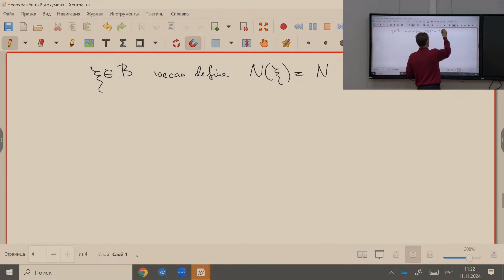So to the element we associate the principal ideal, and we associate this norm.